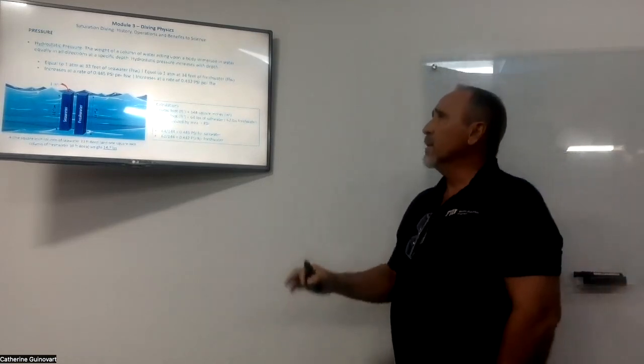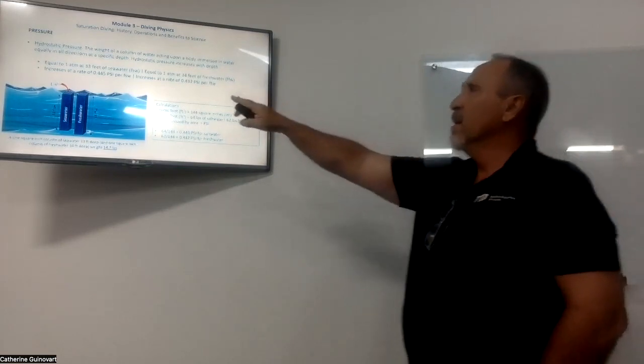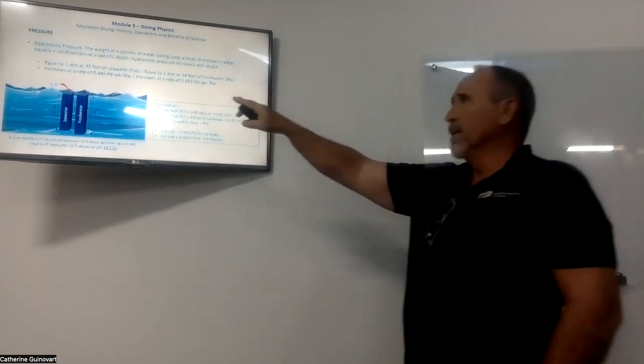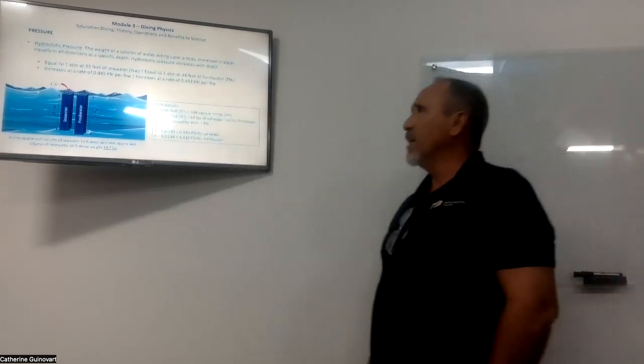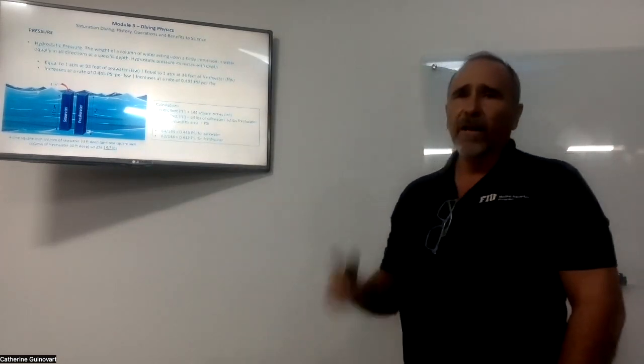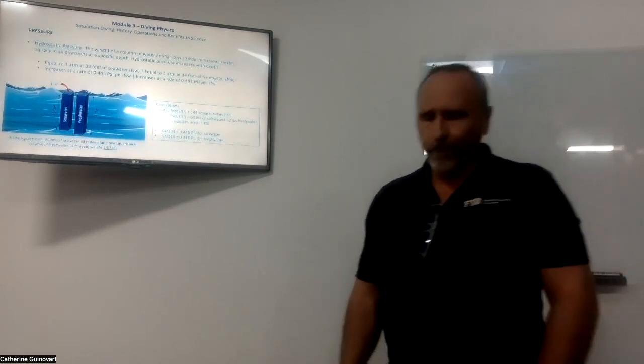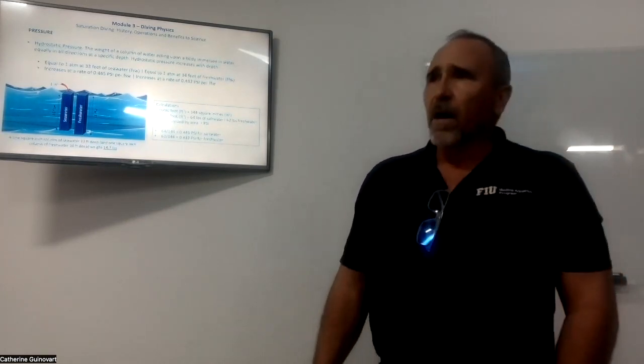Now, I do want you to see that note, the second bullet down there where it says increase at a rate of 0.445 psi per foot. All right, specifically for salt water.